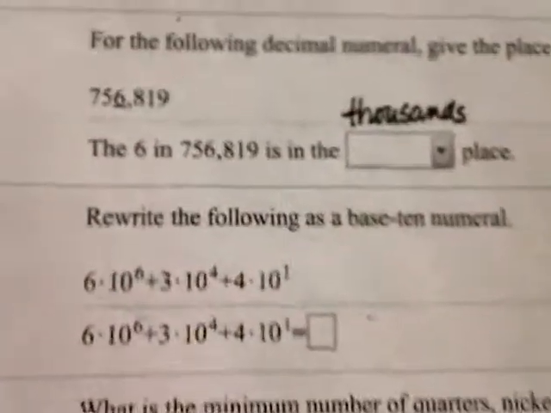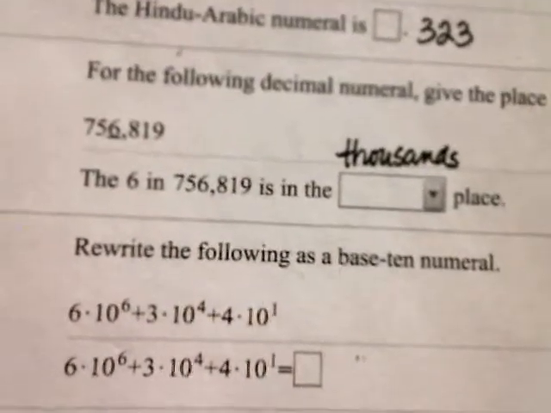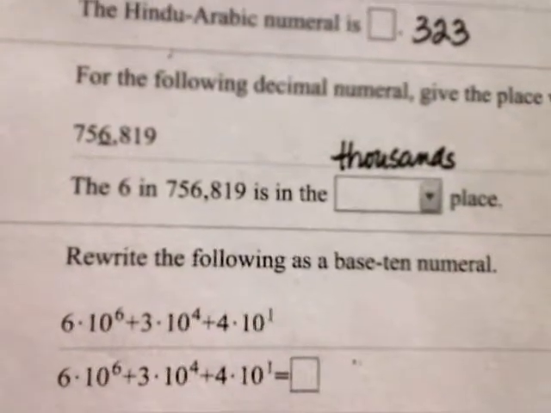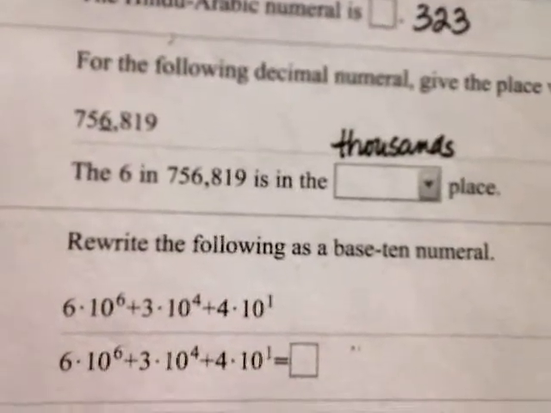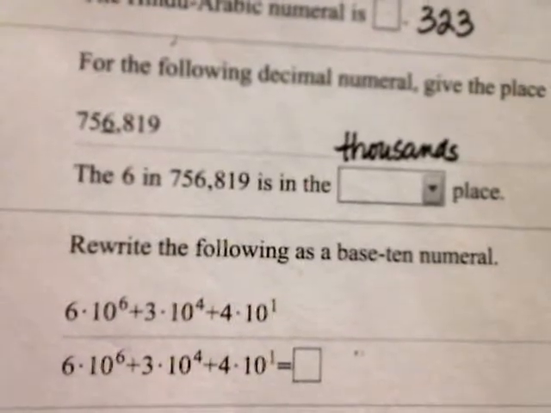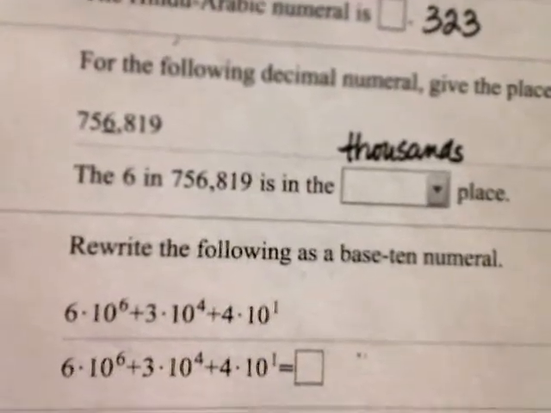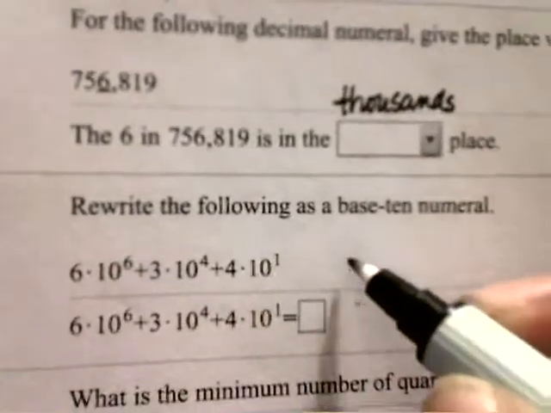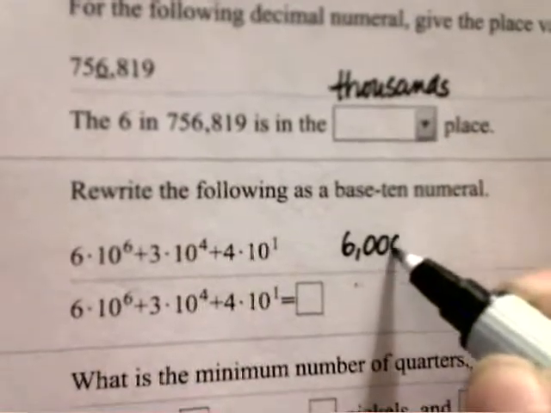All right, number 5 is a number that's written in expanded form, and we want to write that as a base 10 numeral. Here you've got 6 times 10 to the 6 plus 3 times 10 to the 4th plus 4 times 10 to the 1st. In this case, 6 times 10 to the 6 is going to be 6 million.